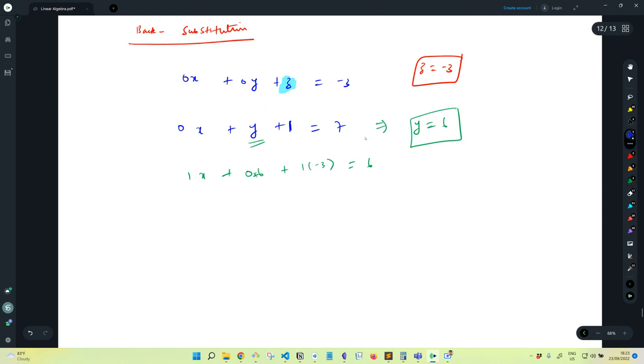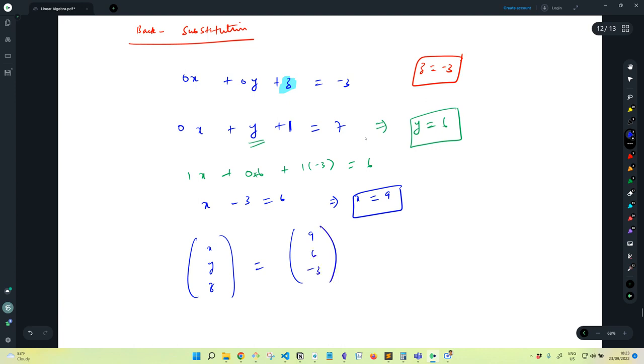Again, you see this equation has exactly one unknown, so this can be easily solved. x minus 3 equals 6, which means x equals 9. So the solution that I get is x, y, z equals 9, 6, minus 3.